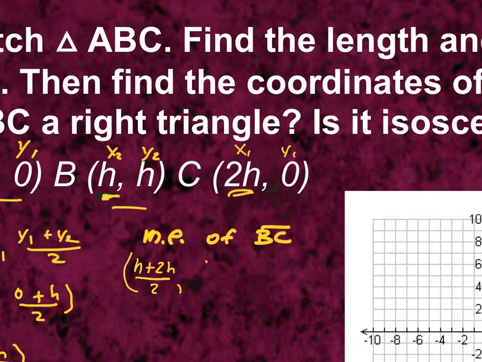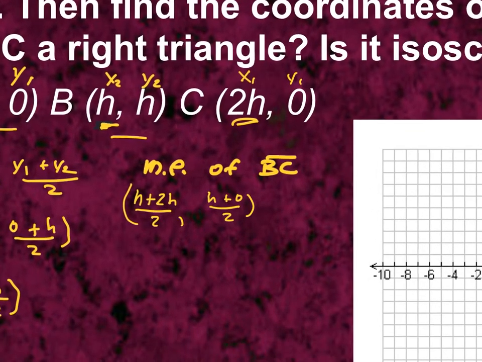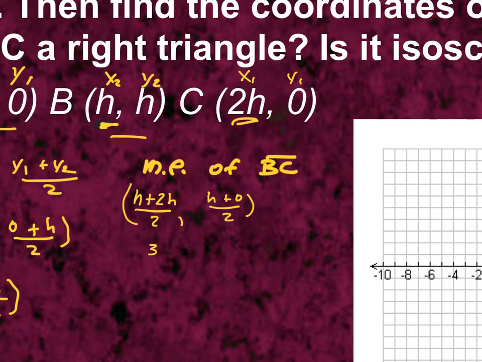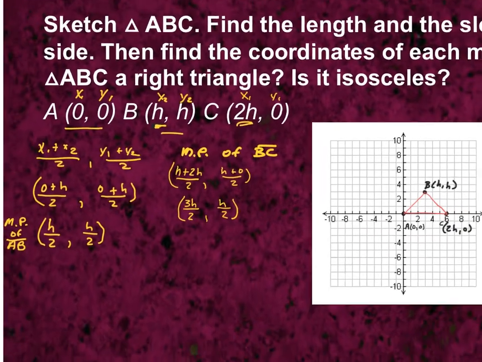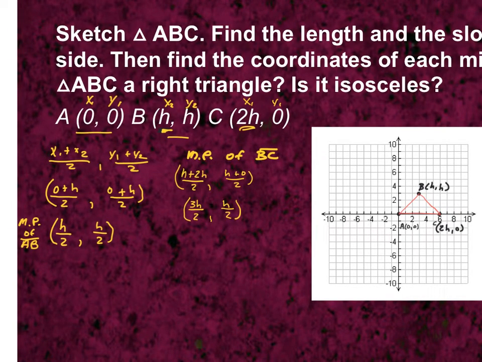And for the y's, we've got h plus 0 divided by 2. H plus 2h would be 3h divided by 2. And h plus 0 would be h divided by 2. The midpoint of BC would be 3h over 2 and h over 2. Remember, those aren't numbers. If you tell me how long h is, I can tell you where the midpoint is by plugging it into this little formula.